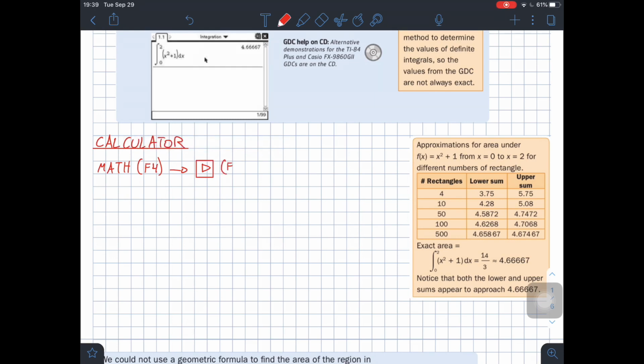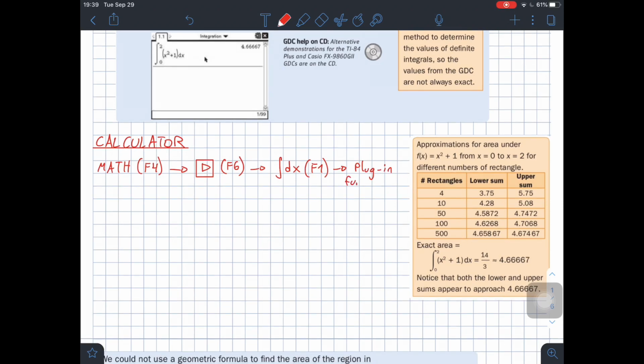Then you're going to click on the button that says integral of dx to find a definite integral, that's F1. And once you're done with that, you're going to plug in the function and the boundary values, right? Okay, so let's try doing that with our calculator.